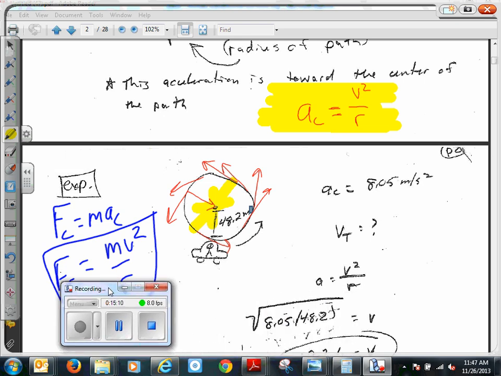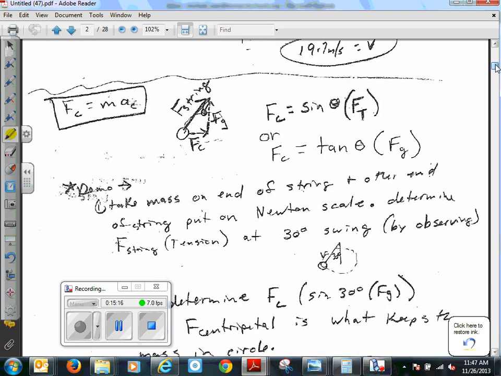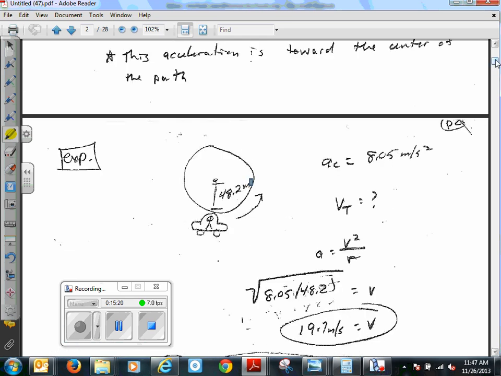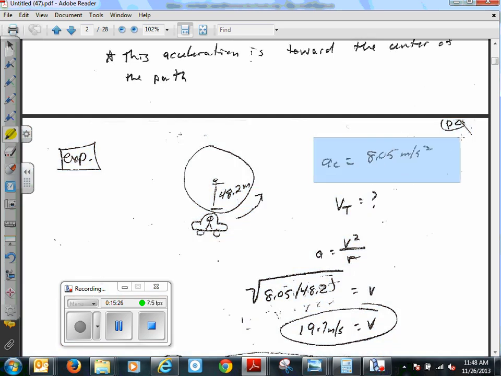Okay, so let's look at just a couple examples here. This first one is talking about a car. That's pretty easy. Your centripetal acceleration is given as 8.05 meters per second squared, and the question is, what's the velocity? Well, that's just plug and chug. You can do that plain and simple, no problem, right?